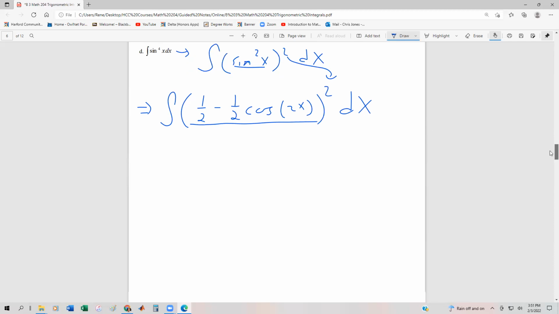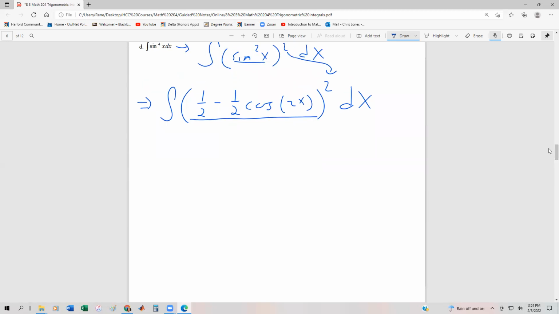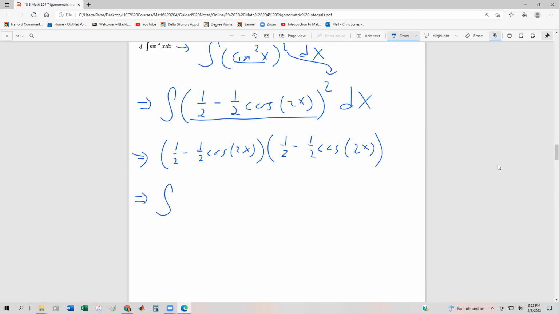All right, so now this is where it starts to get a little bit ugly. So we're going to multiply this out. Okay, so think of it like a FOIL problem. So it's 1/2 minus 1/2 cos 2x times 1/2 minus 1/2 cos 2x. All right, so don't forget that this is a FOIL problem when we're doing it. So our new integral is going to become 1/4.